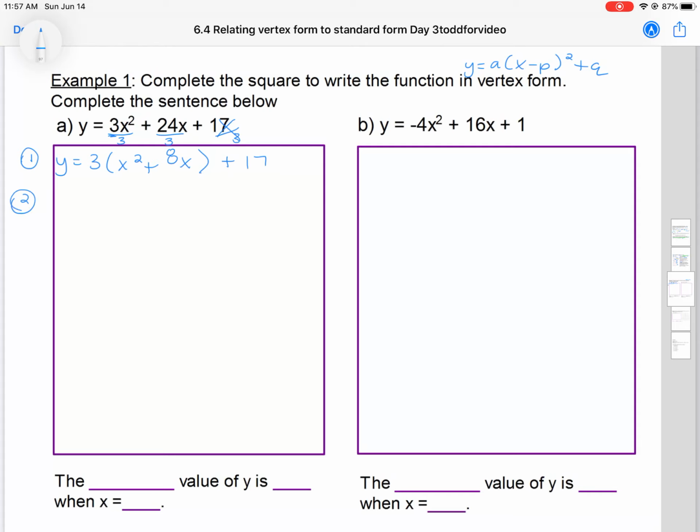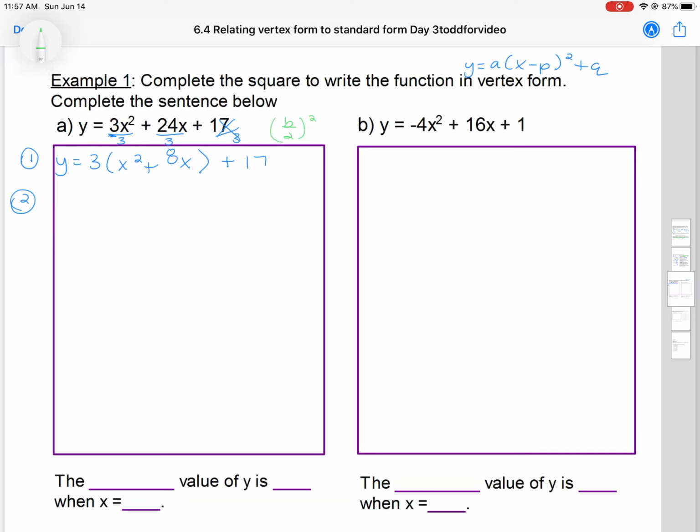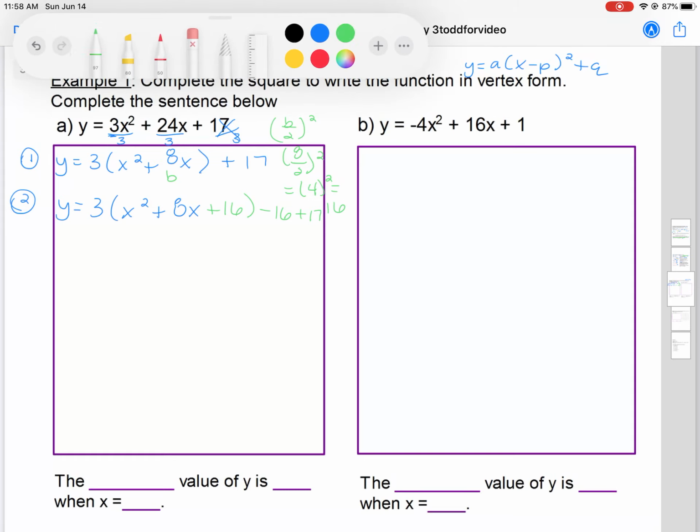Okay, now we're going to do half of b squared. Now remember, we're talking about this b, which is 16. Now, you can do 4 and 5.